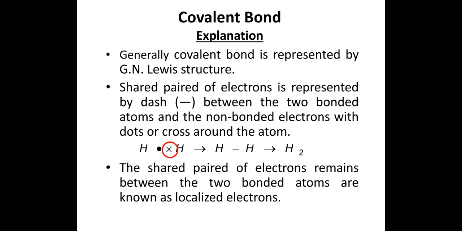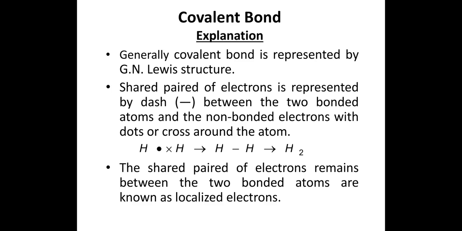While the shared pair of electrons that are mutually shared by the atoms are shown by a single line, and this is known as the Lewis structure of that molecule. The shared pair of electrons remaining between the two bonded atoms is known as localized electrons. This is a pair of electrons that are mutually shared by the atoms and lies between the atoms.